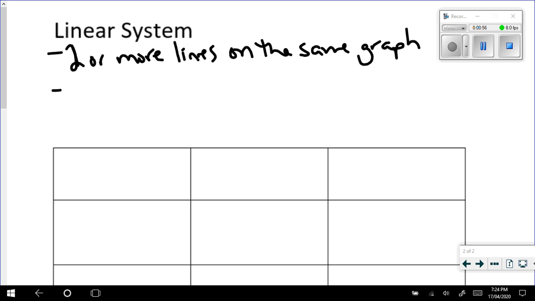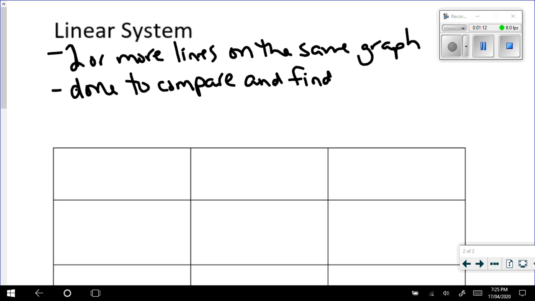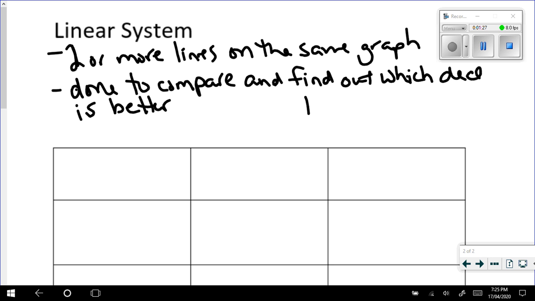Now, in the real world, this is done to compare and find out what's a better deal. And this is done by finding where the points meet. Sorry, where the lines meet.